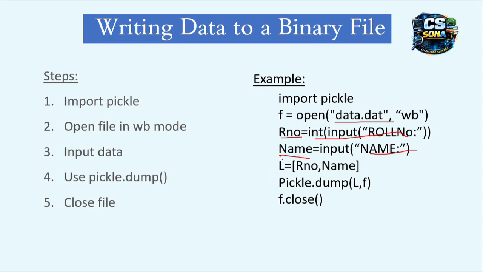Here I am making a list out of the data entered by the user: L = [rno, name]. Now the function is pickle.dump(L, f). This you have to remember, students: in pickle.dump, first you write the data item, then the file object. So pickle.dump(L, f), then close the file.